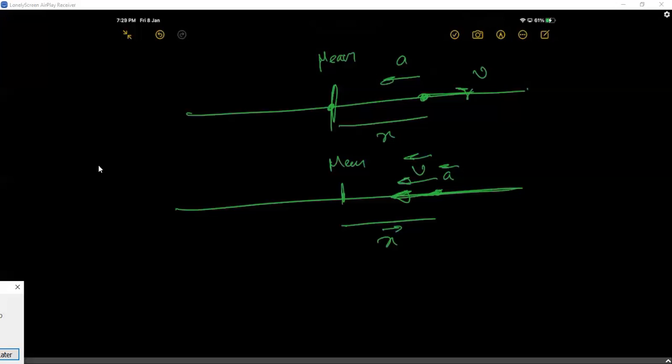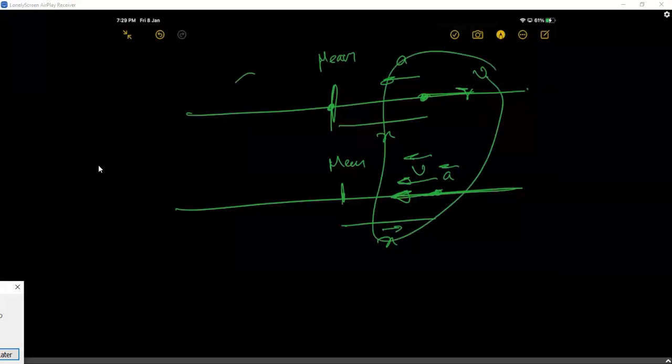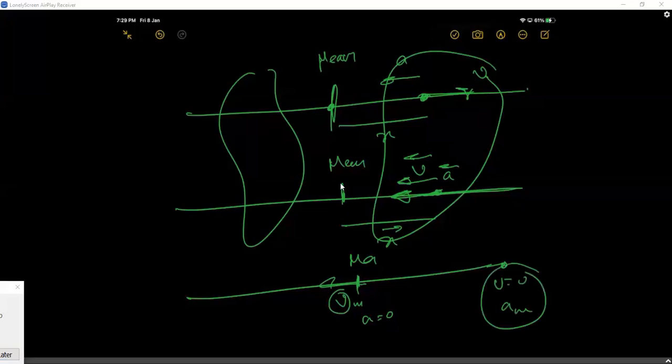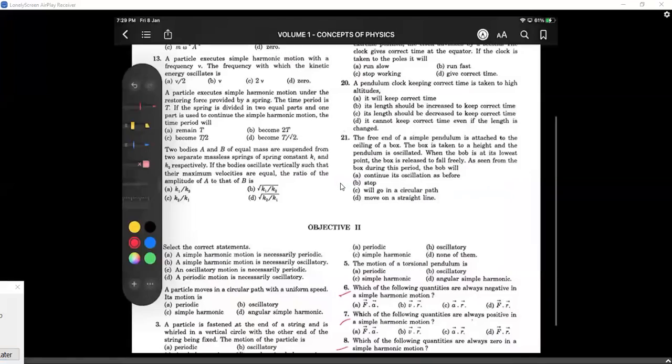So you have to look at all the different cases: the two cases on this side, the two cases on this side, and even the cases at the mean position. Sorry, at the mean position the velocity is maximum and acceleration is zero. At the extreme positions, velocity is zero and acceleration is maximum. Look at all the specific cases, and if you clearly observe all of them, I'm pretty sure you can answer all the questions that are right here.